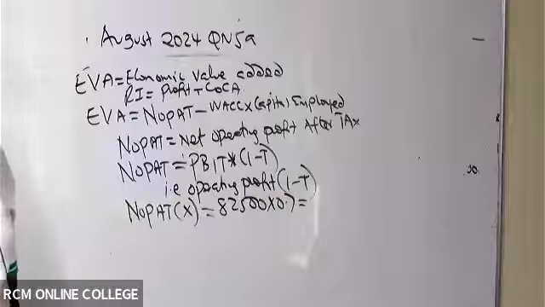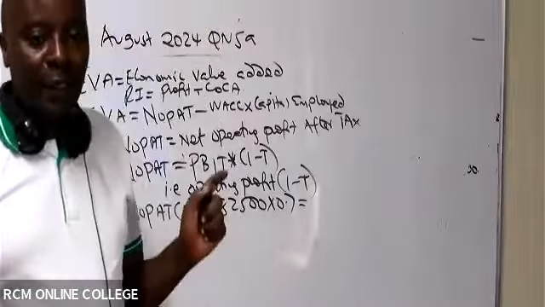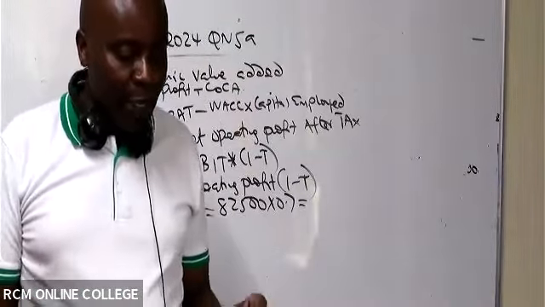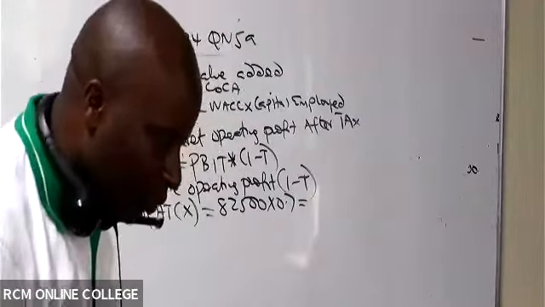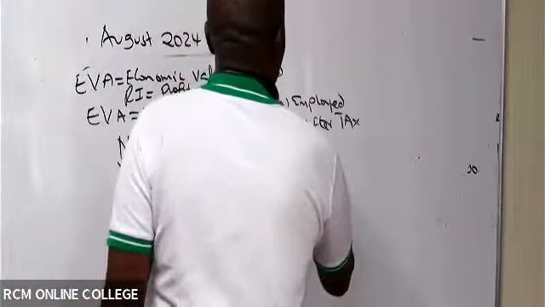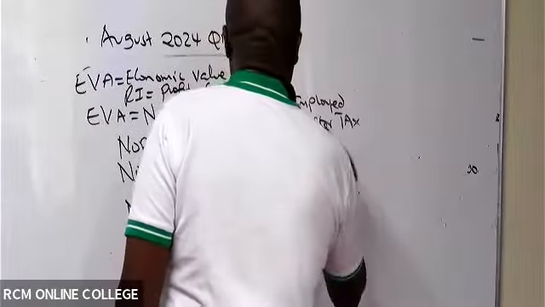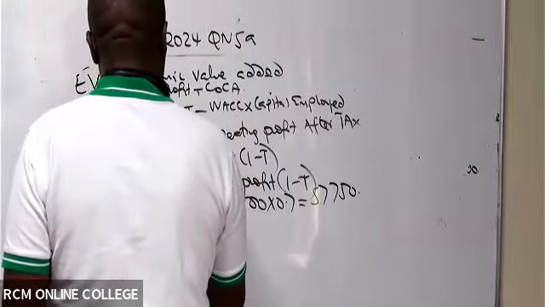This 0.7 is 1 minus 0.3, because tax has been given as 30%. Which in this case will give me 57,750.